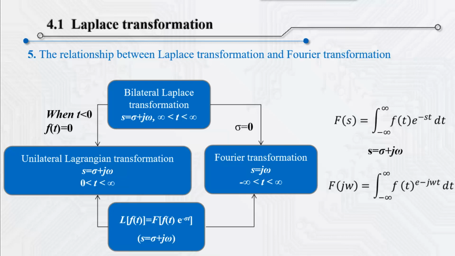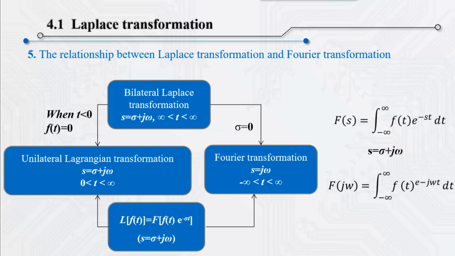When delta equals 0, s equals jω, and at this point the bilateral Laplace transformation of f(t) becomes the Fourier transformation of f(t). Because of the causal system, when t is less than 0, f(t) equals 0.